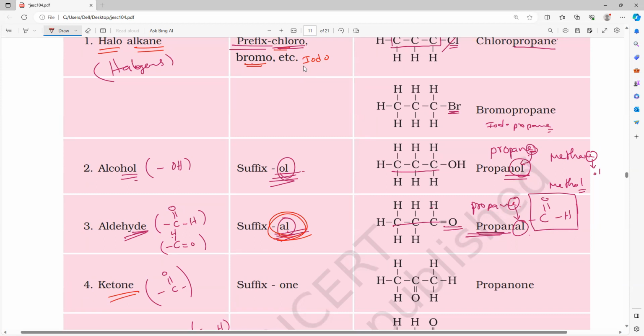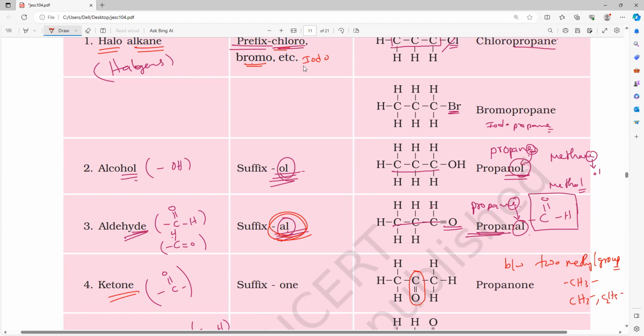Next, ketone. Ketone means C double bond O must exist between two alkyl groups, like CH3 or C2H5.